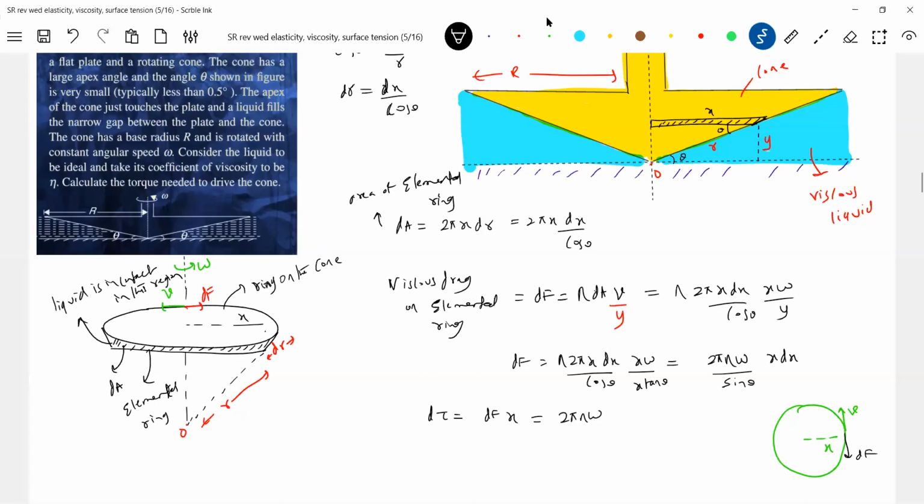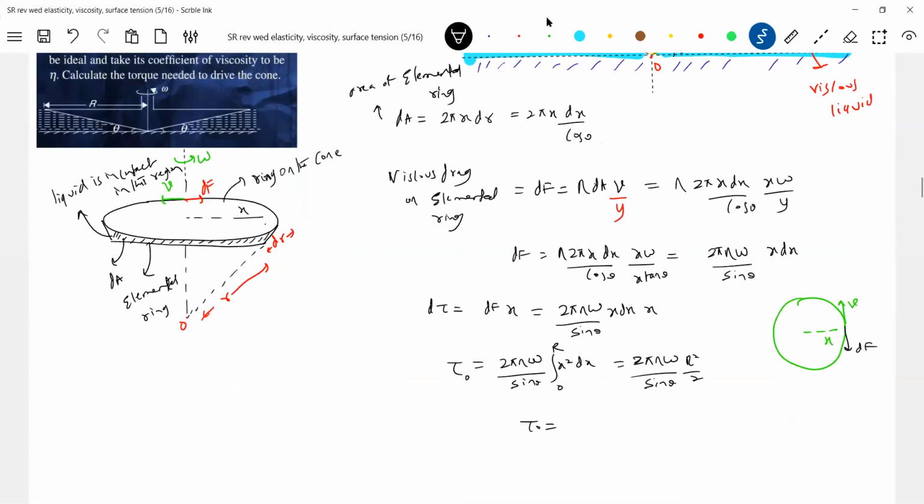So 2 pi eta omega sin theta. What shall be the limit? Torque about axis O, 0 to capital R. 2 pi eta omega sin theta R square by 2. 2 gets cancelled.